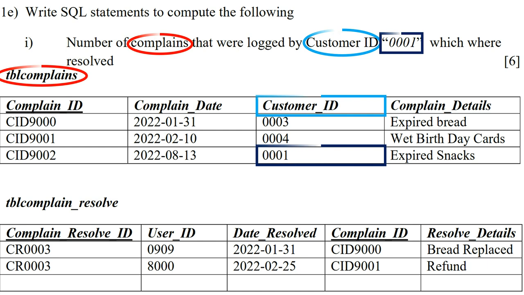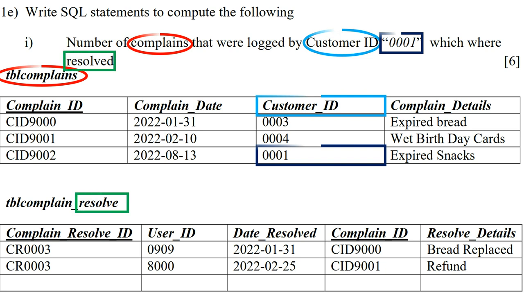When we count them, we are not just counting all of them. This one client may have lodged 10 complaints, but 1 out of 10 was resolved, or 9 out of 10 were resolved, or 3 or 7. So we are here to count only those that were resolved.